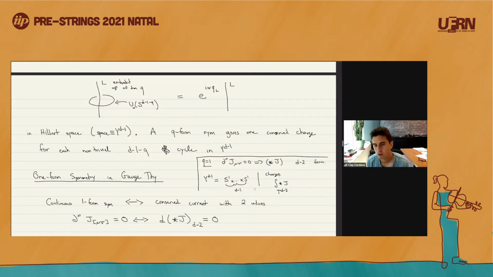So, for instance, I could integrate it over all the angles except for the last one. That would give me one charge. I could integrate it over all the angles except for the second to last one. That gives me a different charge, etc. So there are multiple charges.